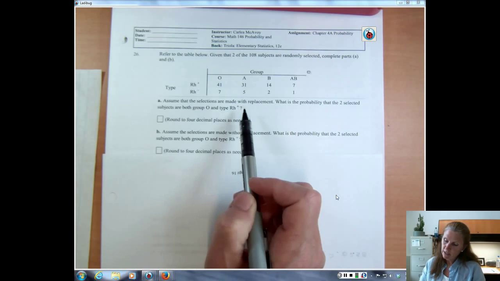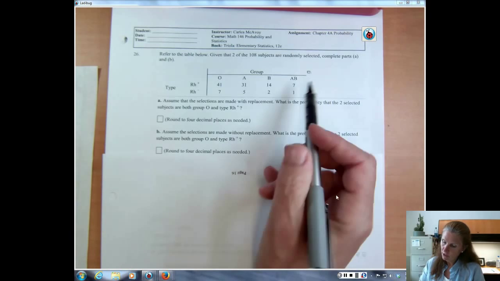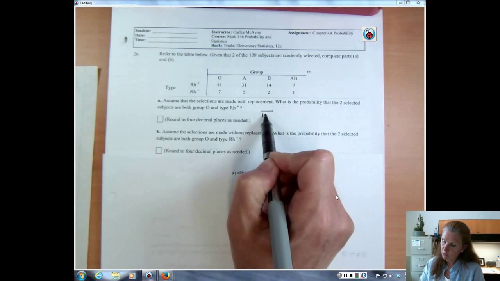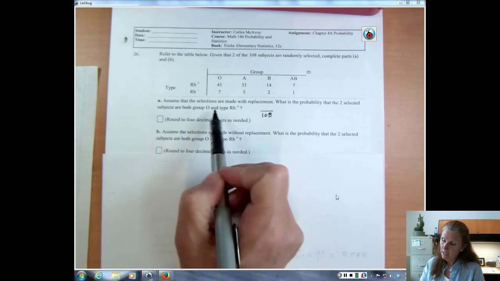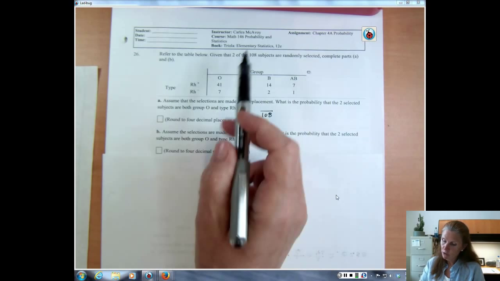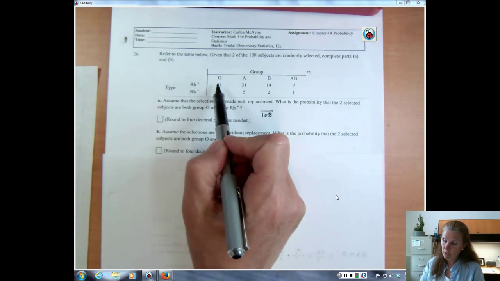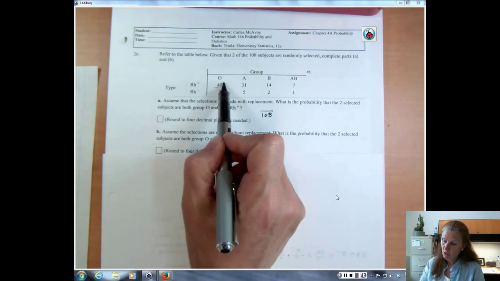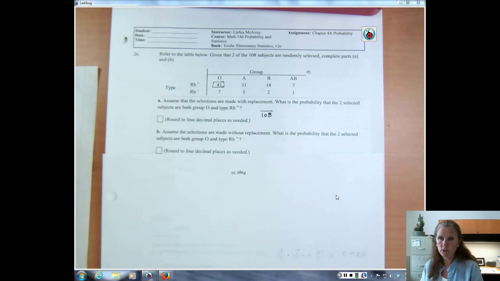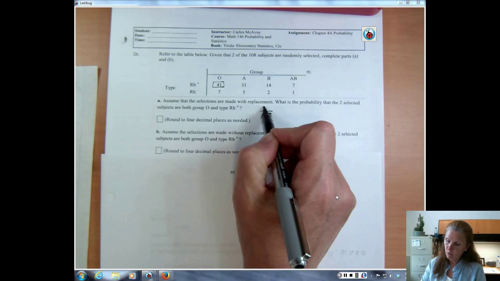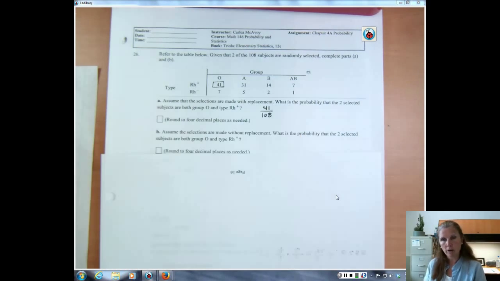So we select the first person, and there's 108 people in my sample, and I want them to be O and Rh positive. Here's my O column, and here's my Rh positive column. So there's 41 out of 108, because I have 41 people that are O and Rh positive.